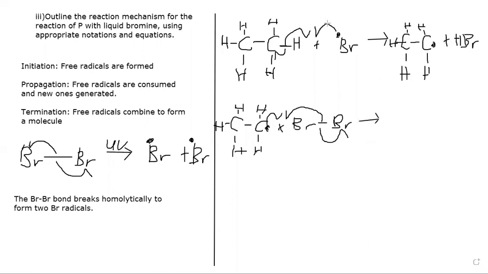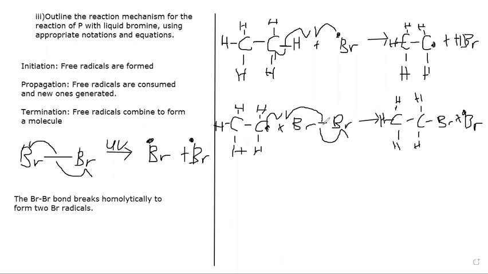So on the product side, you will now have bromoethane. As you can see here, the covalent bond between carbon and bromine has been formed. So here we show the two electrons being shared basically.